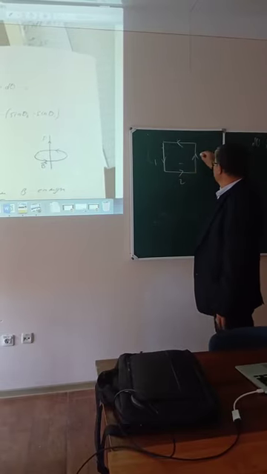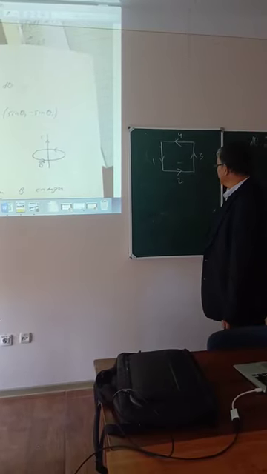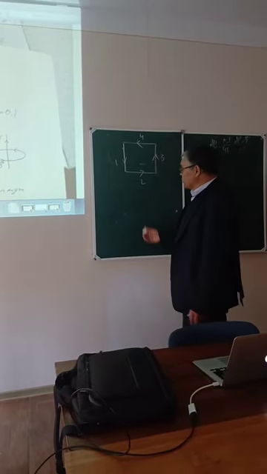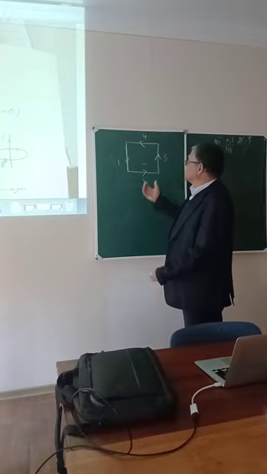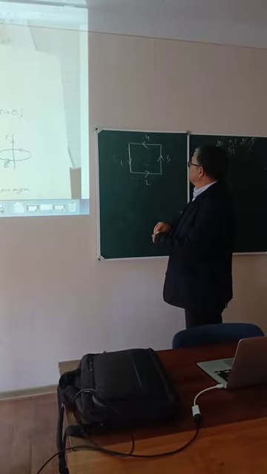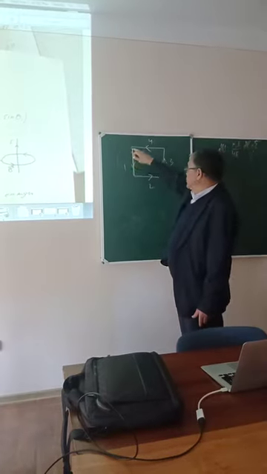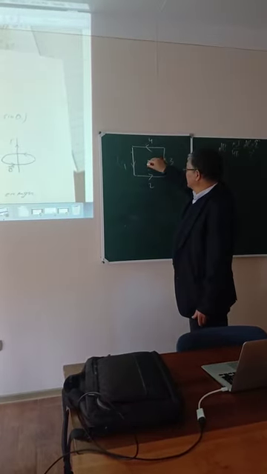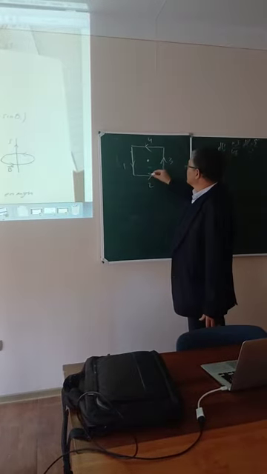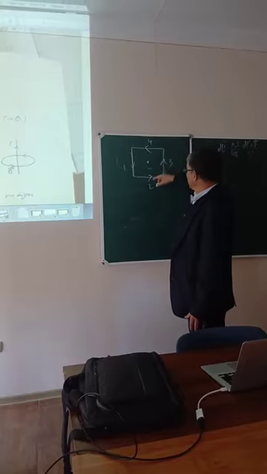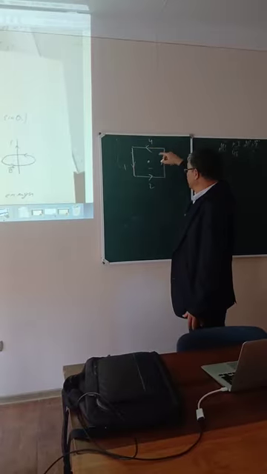Let's write down 1, 2, 3, 4. Using the right hand rule, we can figure out that the magnetic field at the center due to current 1 is directed toward us. The same thing we can deduce from the other three sides, 2, 3, and 4.